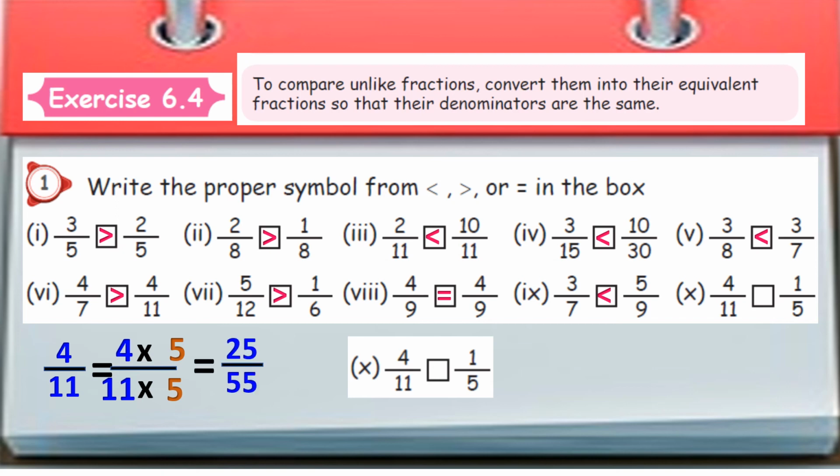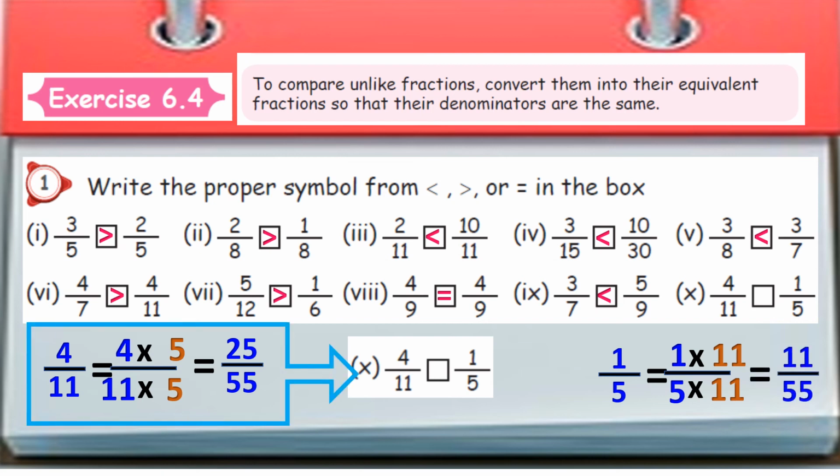So 55 is the common multiple, right? Here 1 by 5, on this side we are going to multiply with 11. So 11 by 11, that means 11 by 55. So fix them both: 20 by 55 and 11 by 55.